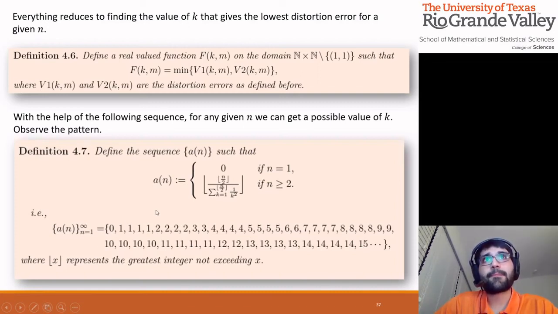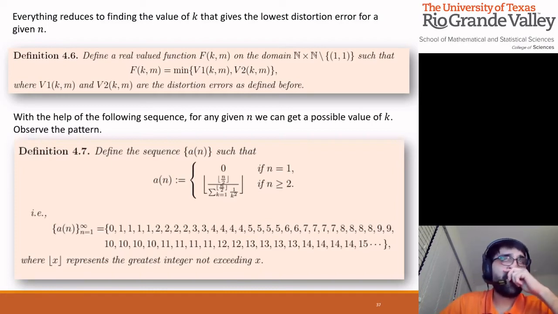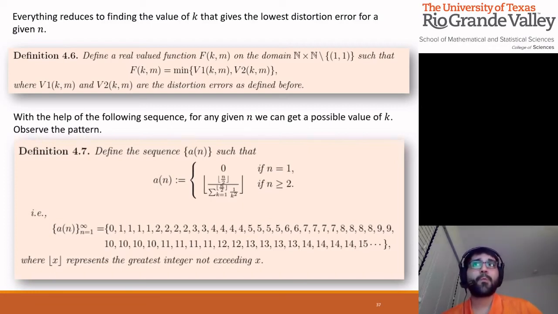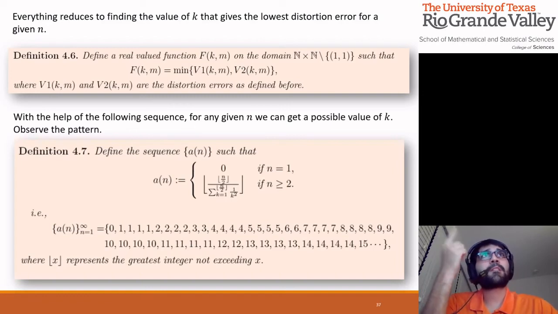So, for example, let's suppose n equals 5. What does that mean? n equals 5 means we expect to have 5 quantizers, right? And we expect to have one quantizer at 3/4. So what will be the initial guess for k if n equals 5?